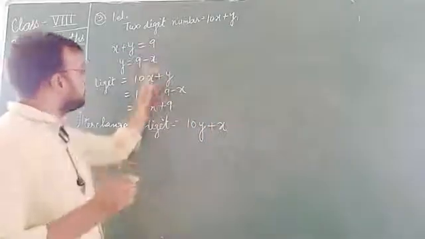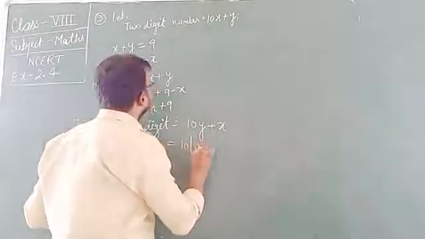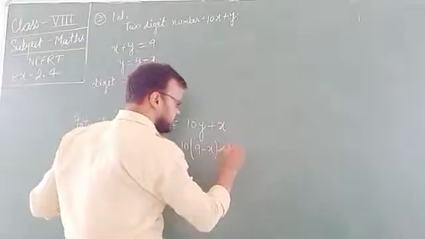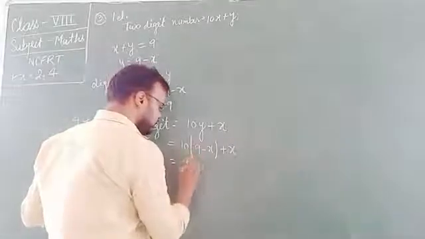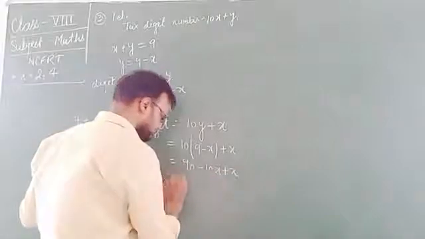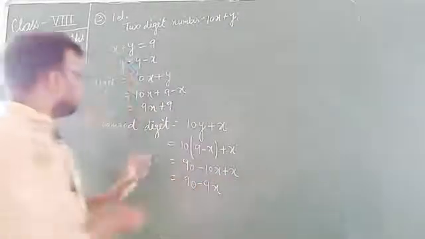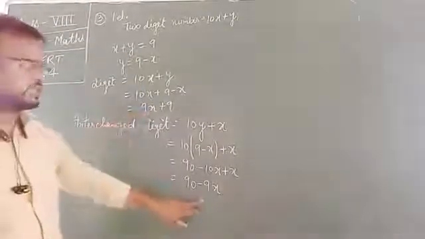Now put the value of y from here: 10 in bracket 9 minus x plus x. 10 times 9 is 90 minus 10x plus x. This becomes 90 minus 9x. This is our original number, and this is the interchanged number.